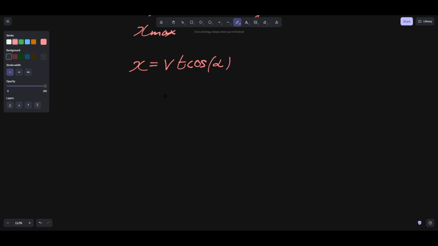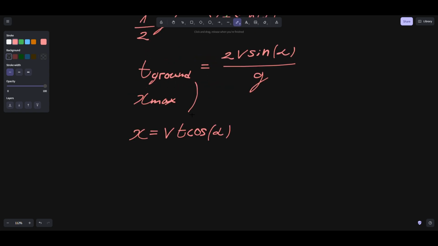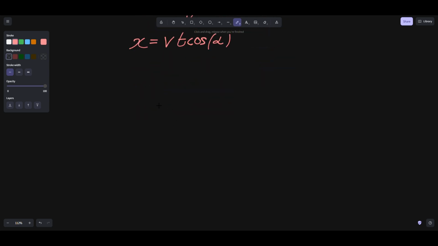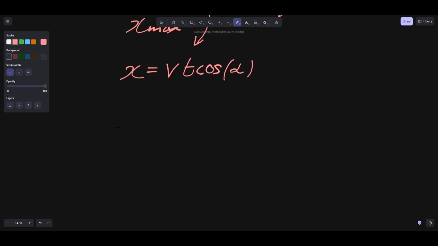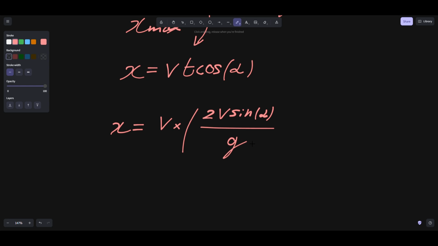And we can substitute the t ground over here. x equals v times 2v sin alpha over g cos alpha.